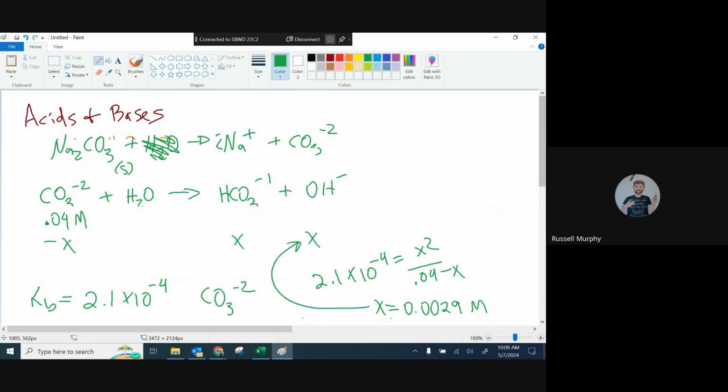What would we be calculating when we take the negative log of 0.0029? We take the negative log of 0.0029, we're going to be finding out pOH, because that's hydroxide. We're going to have pOH of 1.13, which means our pH is 12.86.